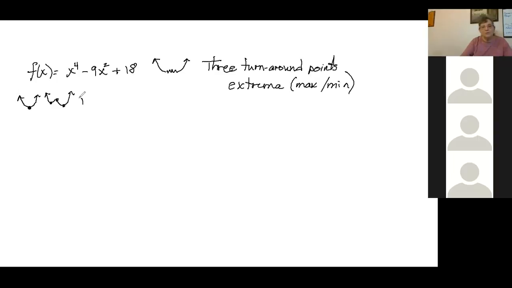Both of these would be positive and even. This one cannot be an x squared. So this one could look like this, but it could actually look like this. It cannot have more than 3 turnaround points.